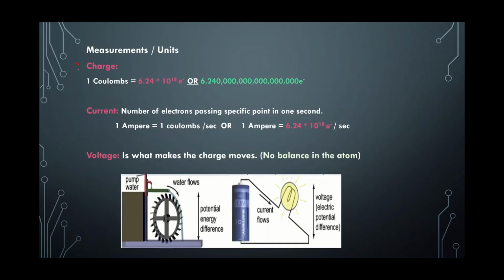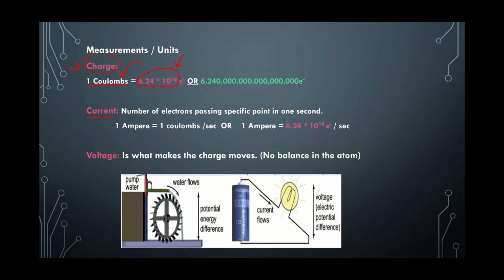Now we can define the charge as this number of electrons. So one charge, or one coulomb, equals 6.24 times 10 to the power 18 electrons. So this is the number of electrons that equals one coulomb, and this is what defines the charge.